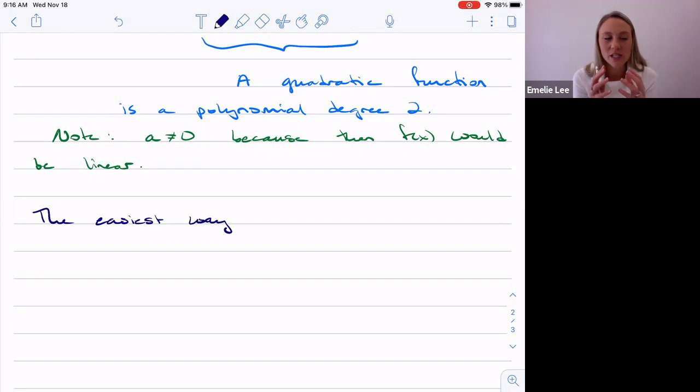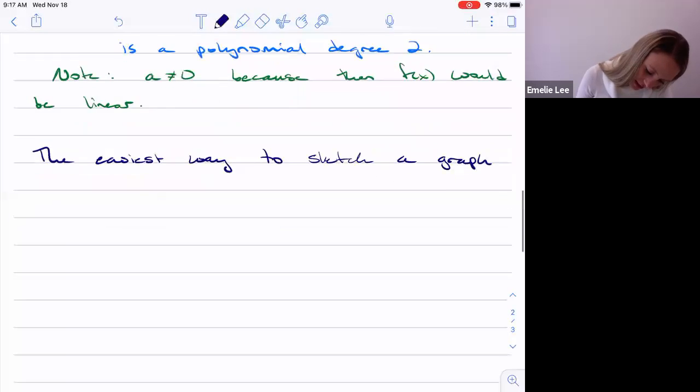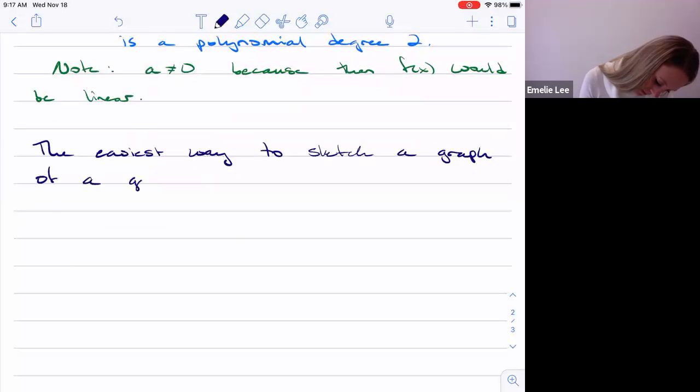But for us, we need to be able to just sketch graphs of quadratics. It's one of the things you're expected to take out of this course. And so the easiest way to sketch a graph of a quadratic is to put it into standard form.